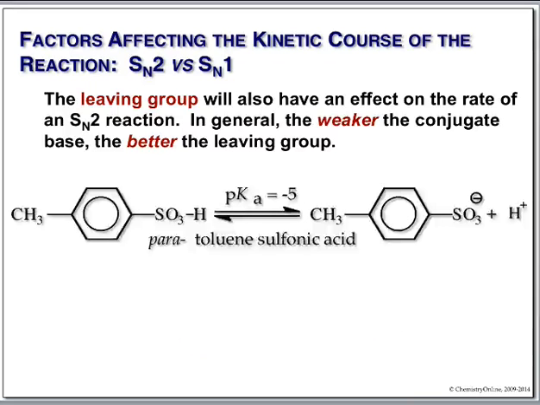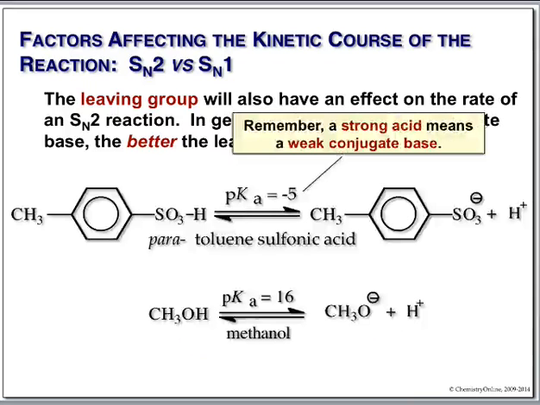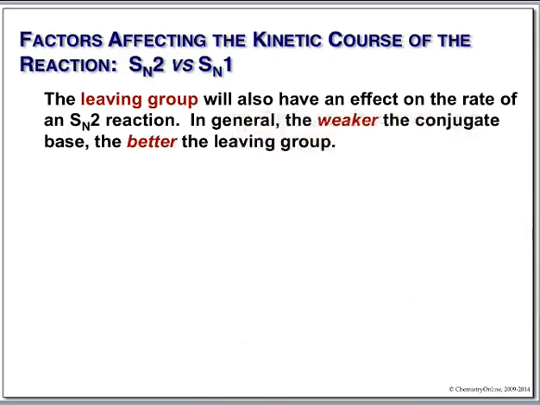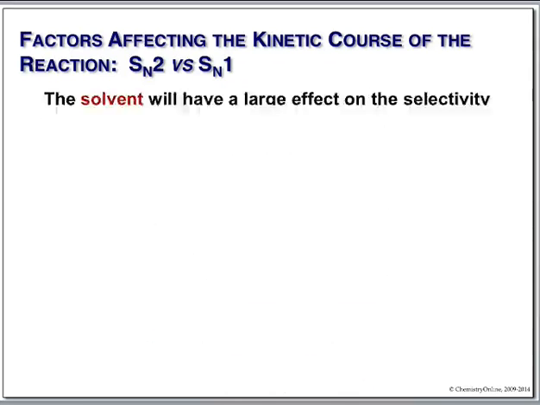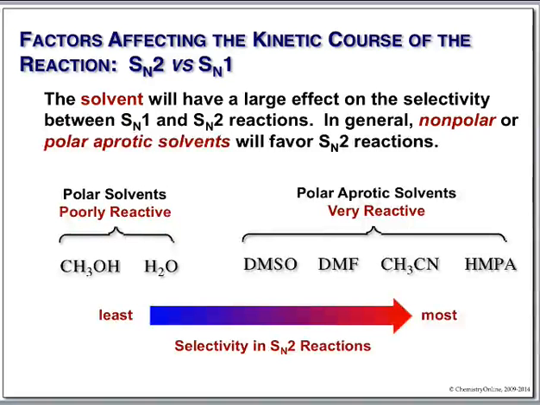And finally, the thing that is probably best at controlling, more reactive, very reactive at Sn2. But the thing that is perhaps most important is your solvent. Think about it. If you're going to do an Sn1, you're going to make ions, aren't you?